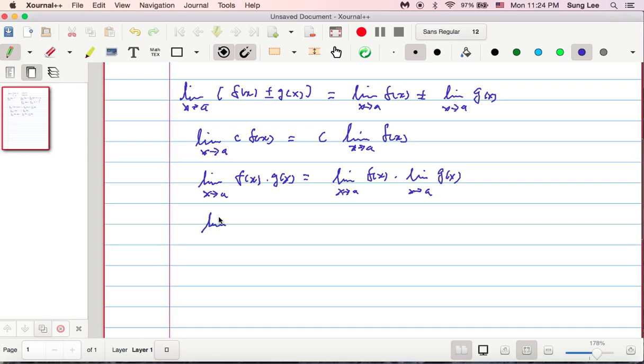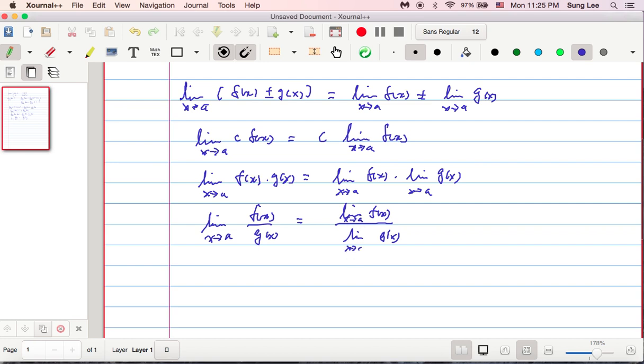And also the last one was the limit of f of x over g of x when x approaches a, that equals the limit of f of x over the limit of g of x, when x approaches a.